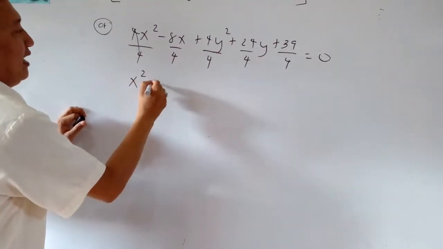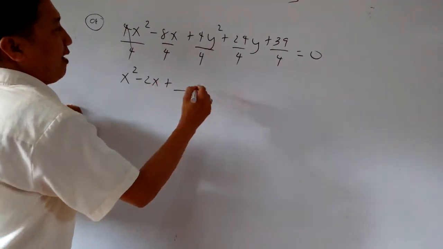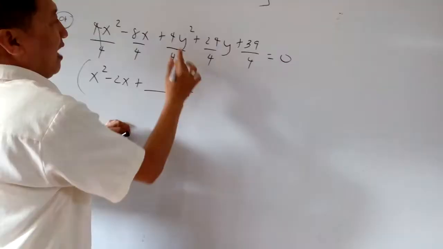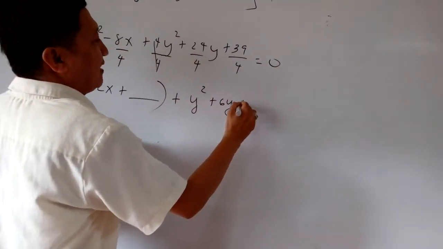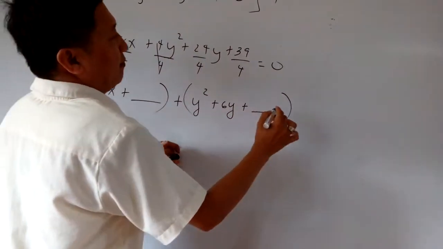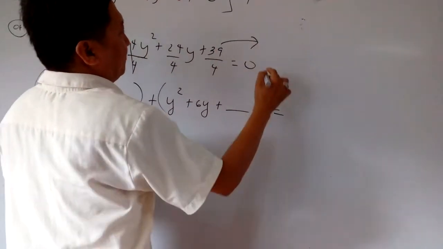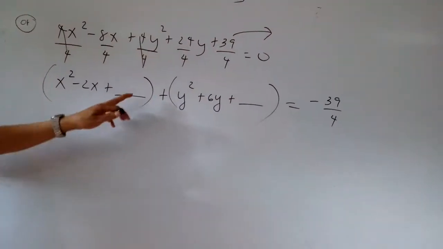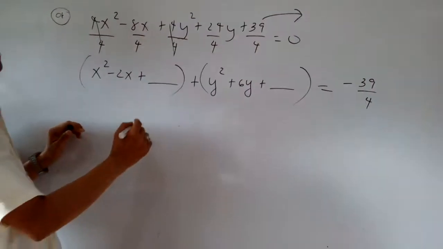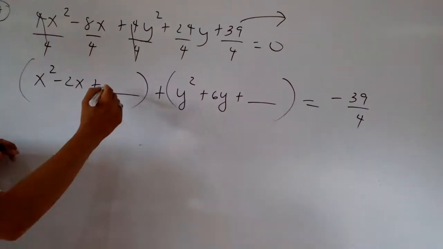Cancel. X squared minus 2x plus what? Plus, you have here cancel, y squared plus 6y plus what? Equals negative 39 over 4. What will be here? This will be equal to 1.